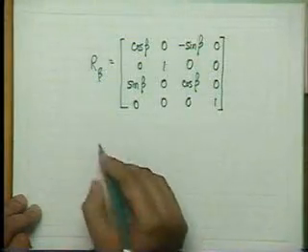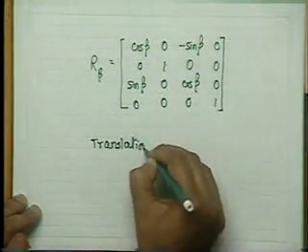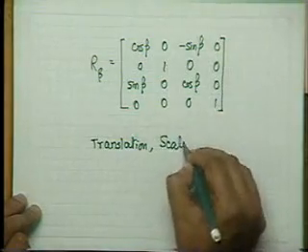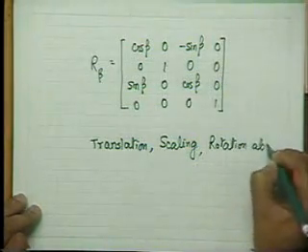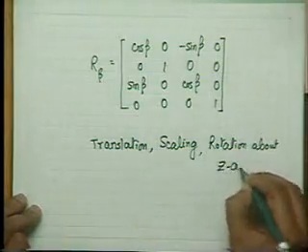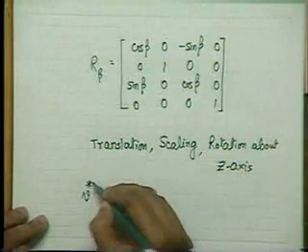Let us say that an object has undergone a translation, it has undergone some scaling, and it has also undergone a rotation about the z axis.